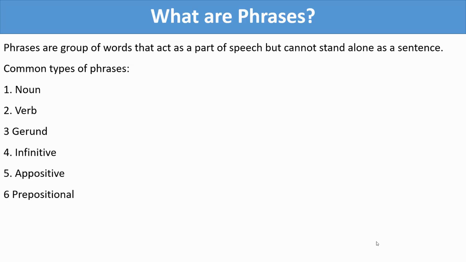Common types of phrases: noun, verb, gerund, infinitive, appositive, prepositional. So we usually use this type of phrases to complete sentences. Now we have an idea about phrases and common types of phrases.